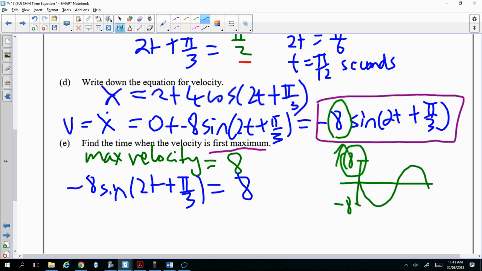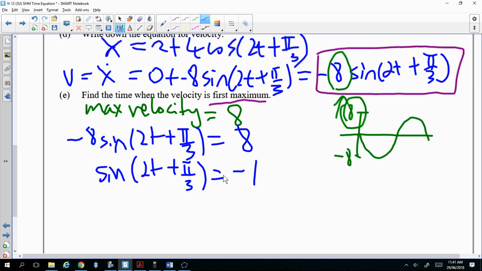Remember, you have to draw the graph of sine. Negative 1 is at 3 pi over 2. Okay, so this bit is 3 pi over 2. And then you solve for the time.